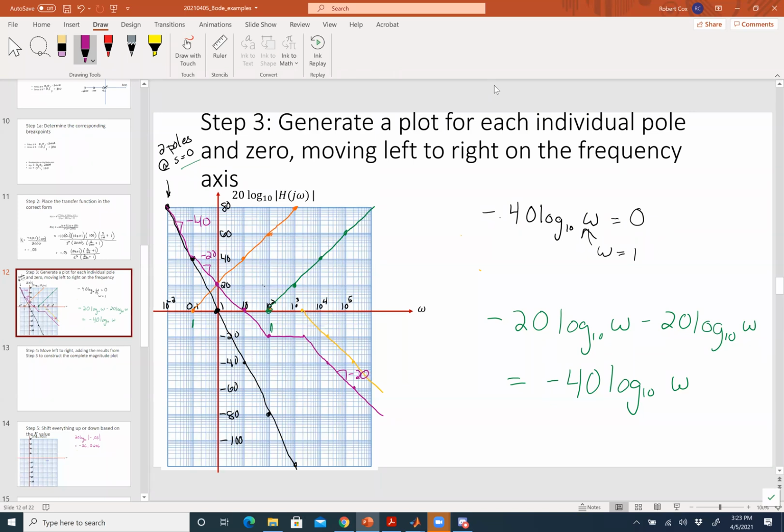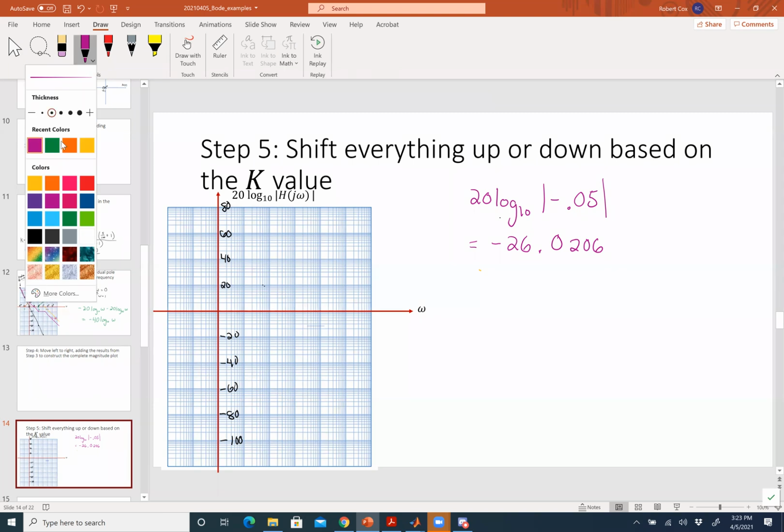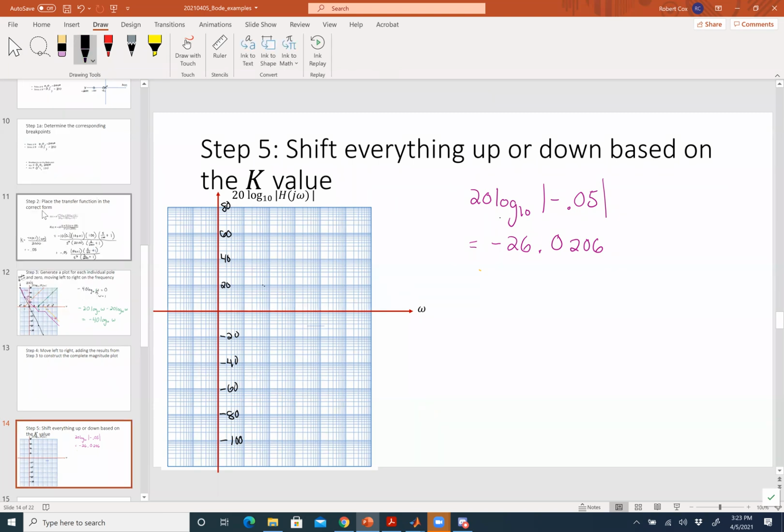Going back to black, this is 10, this is 100, this is 1,000, this is 10,000, 10 to the 4th, 10 to the 5th. So between 100 and 2000, I should be at about negative 46, somewhere around here. Like that, about negative 46.